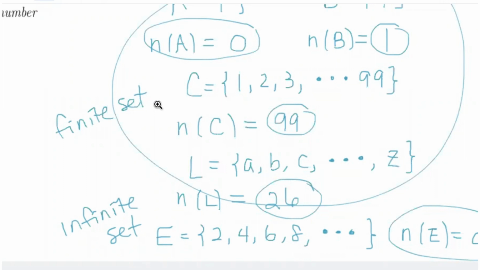Now, here's one question. Do you remember the very beginning, the first page of set theory, we said a set is clearly determined? And if the elements are clearly determined, we said the set is well-defined. Now, is an infinite set well-defined?